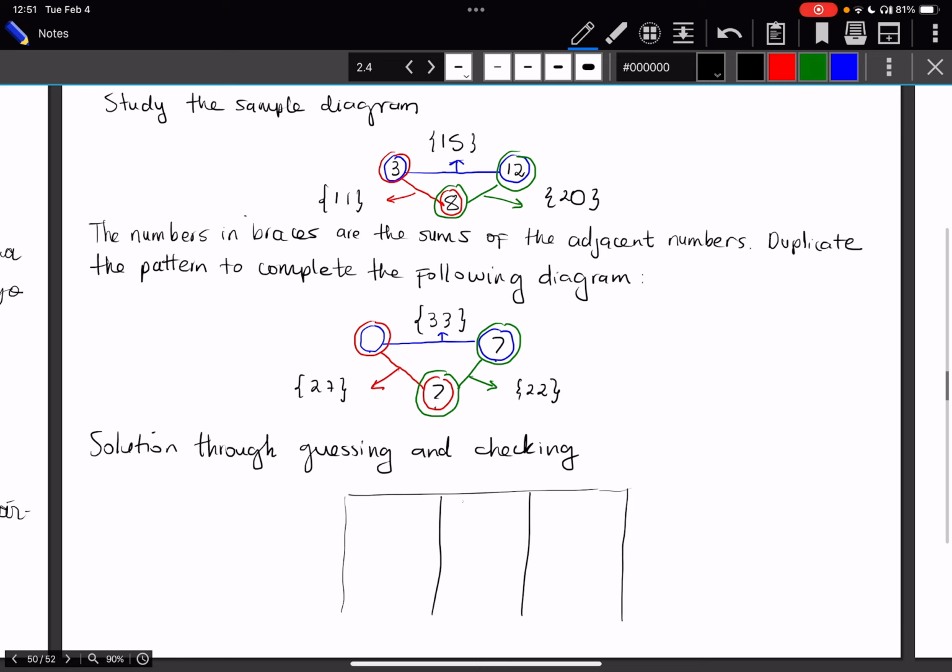Let's call one of them lowercase a. The one right here is going to be lowercase b. And this one right here is going to be lowercase c. We're introducing variables. We're not going to use any algebra at this point to solve the problem, but we just introduce variables to have a clear idea of the values each of the variables is going to take.